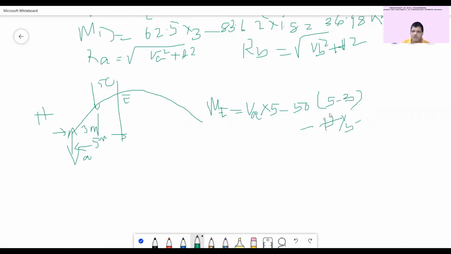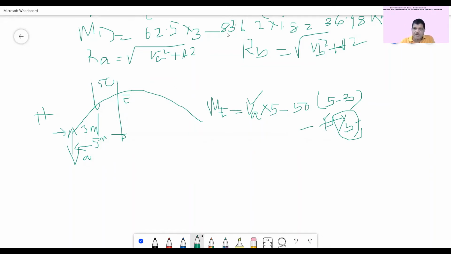Now H is known, VA is known, and y5 you have to calculate again from that equation, by putting x equal to 5, we can find the value of y5. Then putting all this, you can find the bending moment at the point E. So these are some examples we discussed with point loads, and we have put the formula directly.